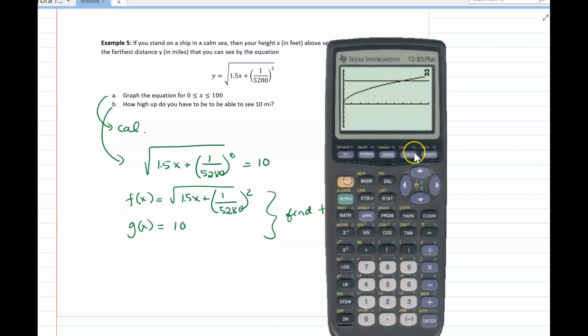So again, second, calculate, intersect. So in order to see up to 10 miles, you need to be at least 66.67 feet high.